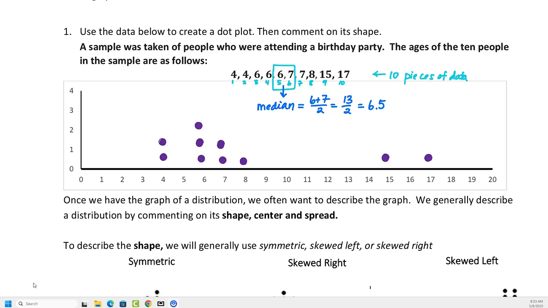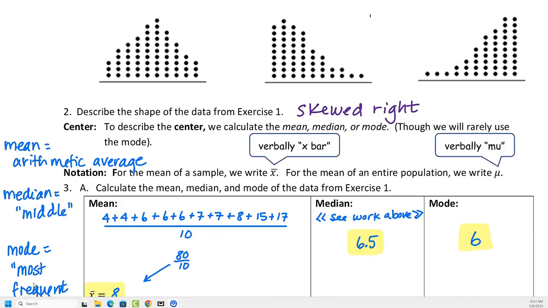If I changed the 17 to 27, which removes this here and puts a dot way over here, 27, how's that going to affect the median? If I'm replacing a number, it's not going to change the median, unless it happens to be one of the middle two numbers. But it's not one of the middle two numbers. We're just replacing the biggest number with an even bigger number.